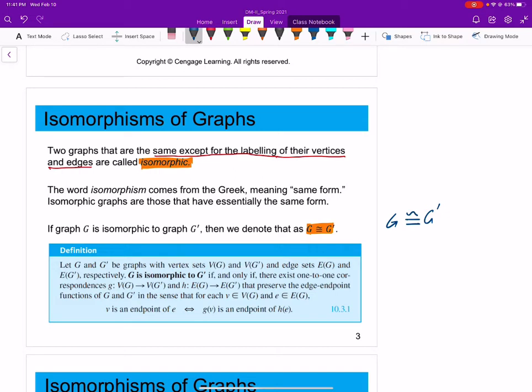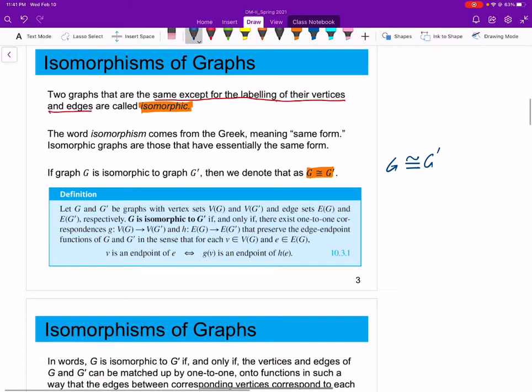All right, this is the definition. Let G and G prime be graphs with vertex set V(G) and V(G prime) and the edge set E(G) and E(G prime) respectively.